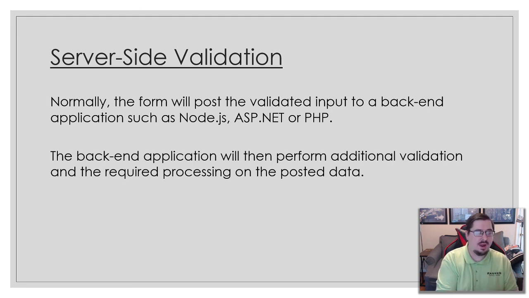If that passes, then we post all the data to the server, and then the application in the backend, whether that's built in Node or ASP.NET, PHP, Ruby, Flask, whatever backend technology it may be, is going to process that, do some additional validation checks, and then, if everything checks out, finally do the processing that needs to happen.